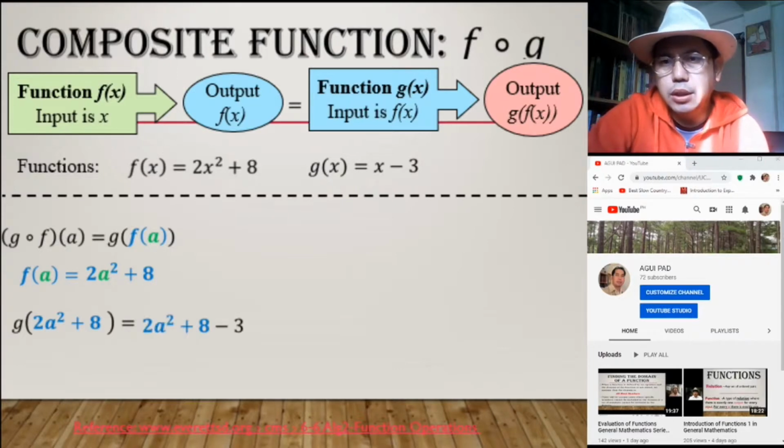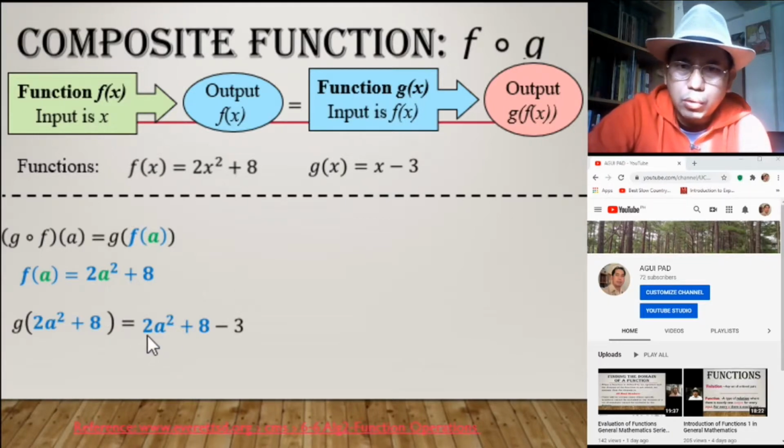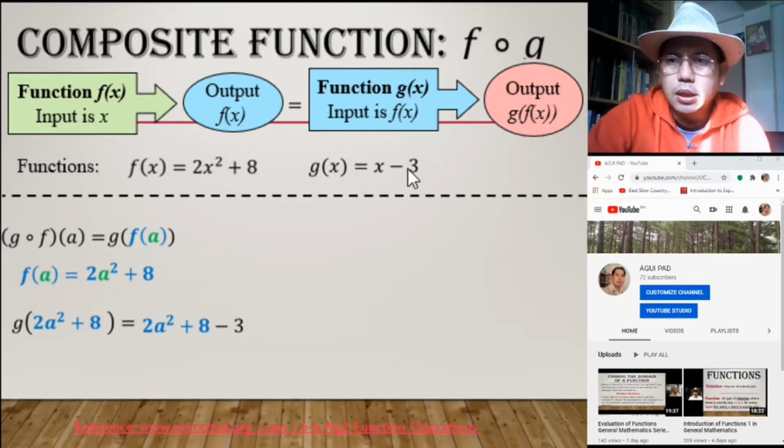So you will notice in here, we replace the x with 2a raised to 2 plus 8, of course minus the original subtrahend, that is 3. So we have the final result, that is 2a raised to 2 plus 5.